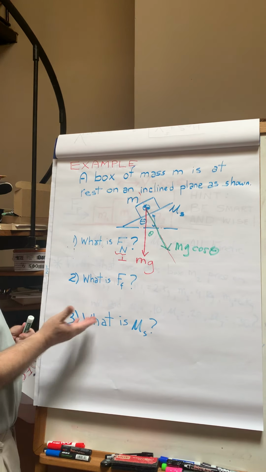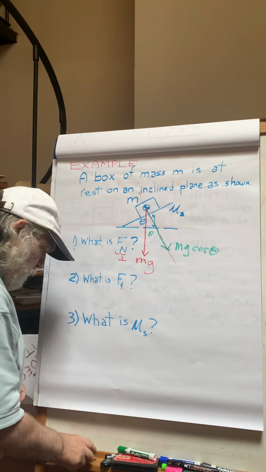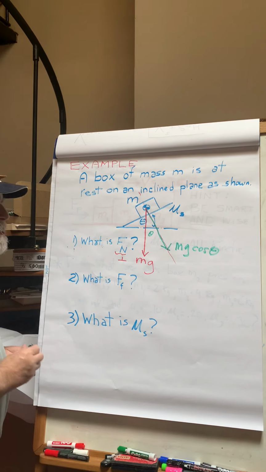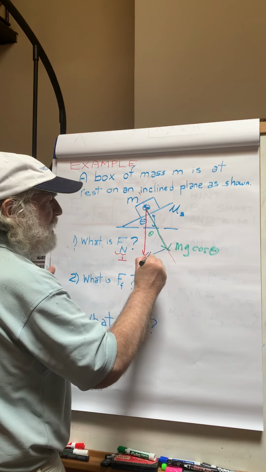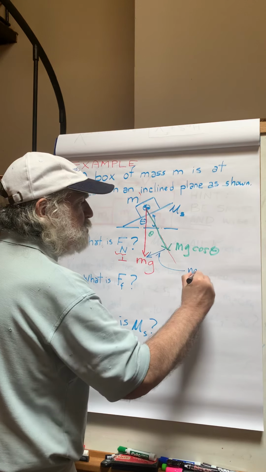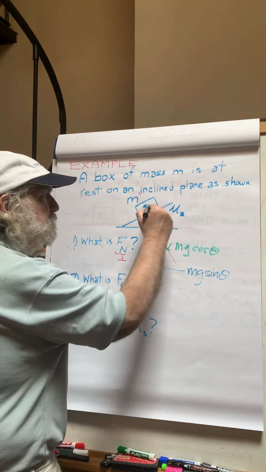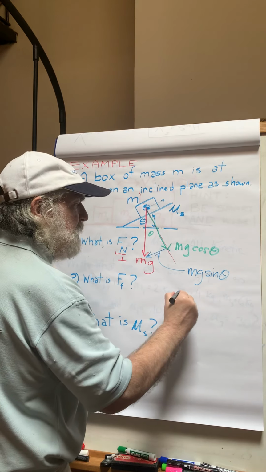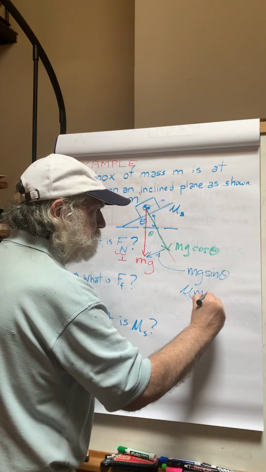What is the force of friction acting on the box? Well, in order to do that, we know that the box is in equilibrium. It's not moving. And we know that it's being pulled down the plane by mg sine theta. And the force of friction acts up the plane, and it's mu times the normal force.